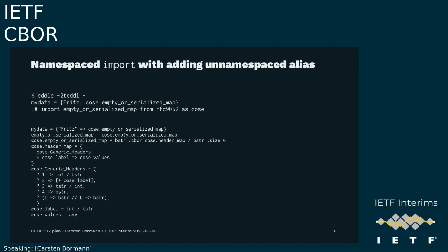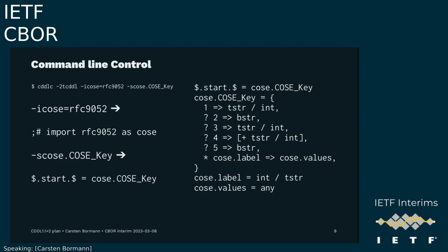And the final thing is the ability to do some of this from the command line. So if you actually don't want to write up a file that contains the CDDL that has the import statement, then you can use -i for import or -I for include.